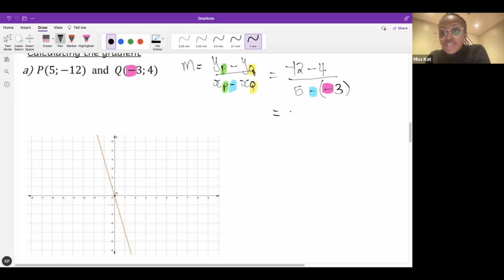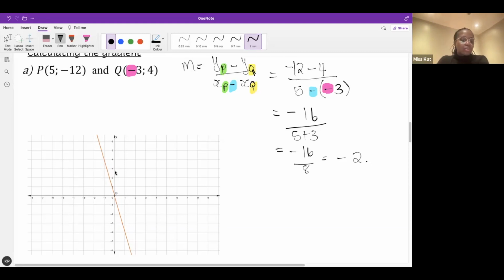So then we're gonna have negative 16 over 5 plus 3, which will give you negative 16 over 8, which is negative 2. Beautiful. I see you guys got negative 2. Brilliant. We're getting somewhere.